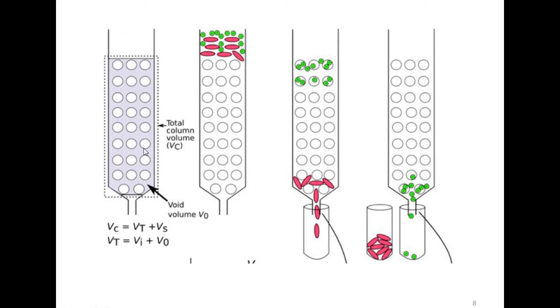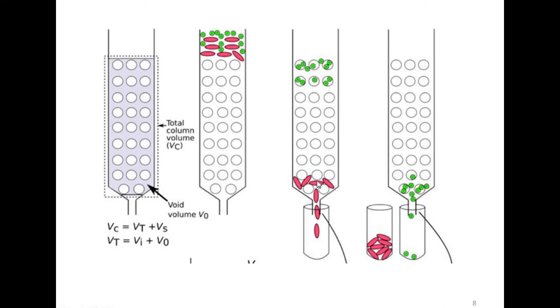This is a column which has a stationary phase, and here we insert the sample, which has two types of components. One is cylindrical in shape and red in color, and the second is green and circular in shape. On the basis of their size and shape, they are going to separate in the column.